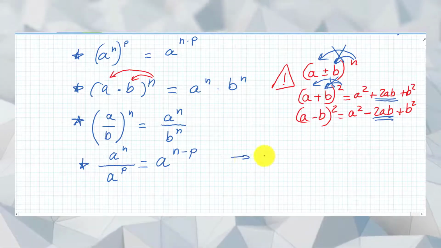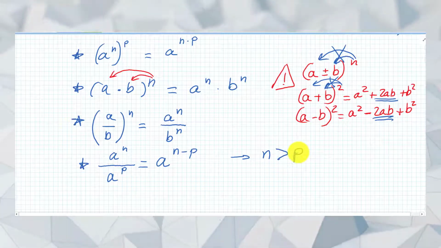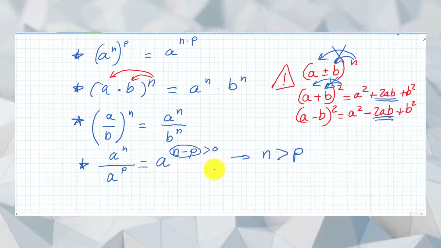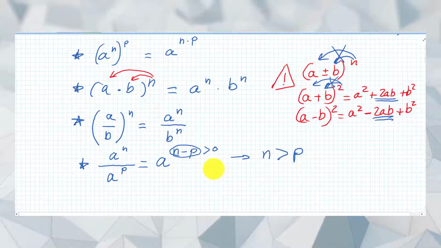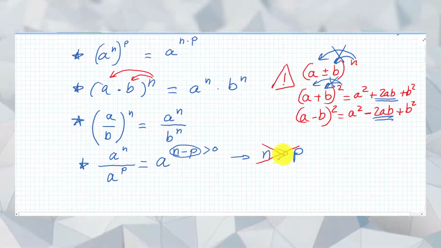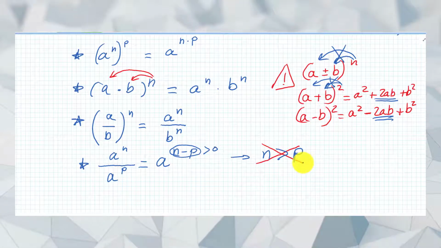For right now, we can assume n is above p in order to guarantee that this power is positive, simply because we have not yet defined a zero or a negative power. But before the end of the lesson, we will no longer need this assumption. So let's proceed right now with the first step.